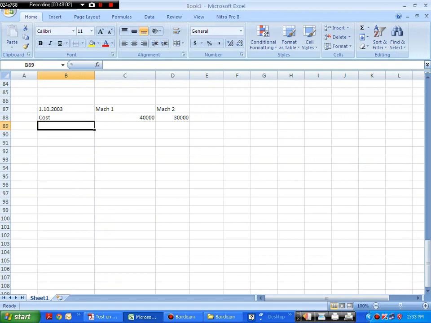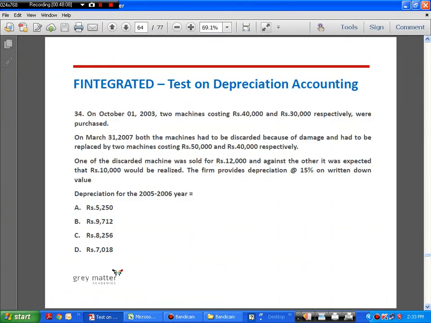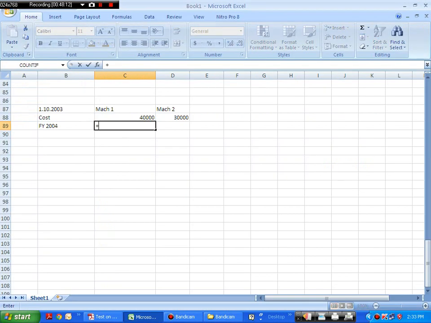So depreciation for FY 2004 will be only for 6 months because the asset was purchased on 1/10/2003. Okay, depreciation is 15%, so it will be 40,000 into 15% into 6 divided by 12. So the WDV becomes this.